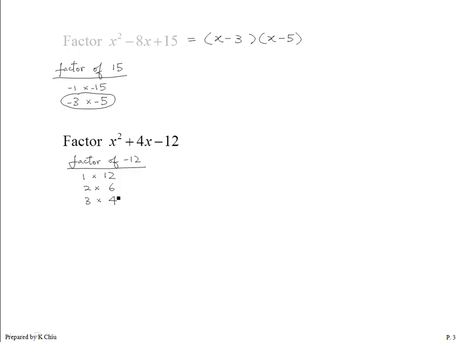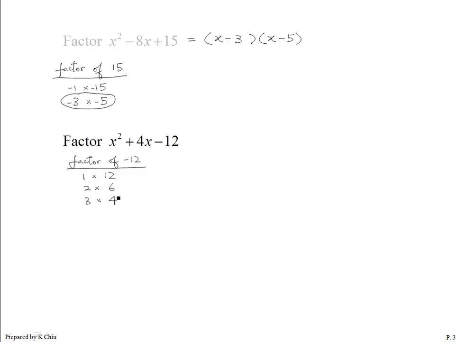But we are looking for the factors of negative 12, not positive 12. So in other words, I would have to give the negative to one of the factors within the pair, so that when they multiply together, it becomes negative 12. So if one of them is negative, that means I'm looking for the difference. Which pair will have the difference of 4? 2 and 6.